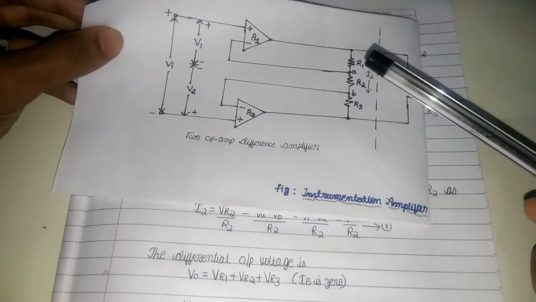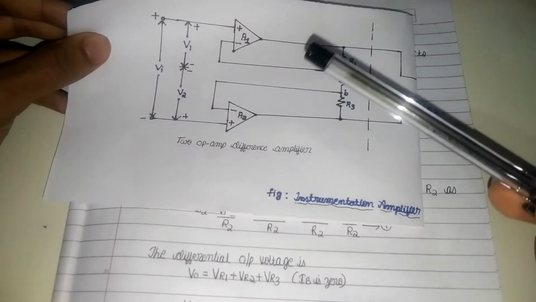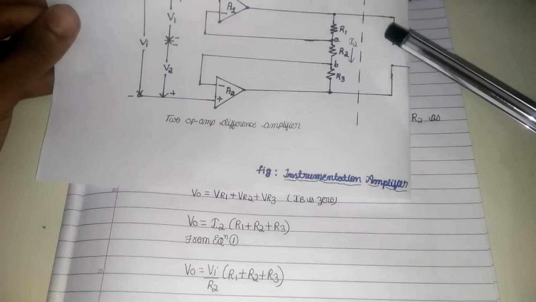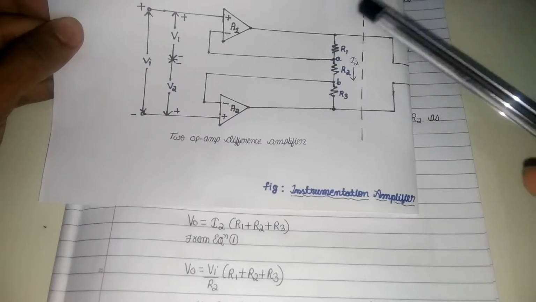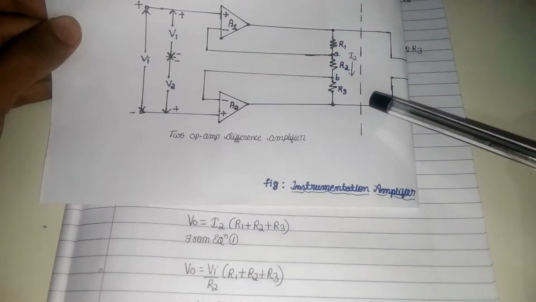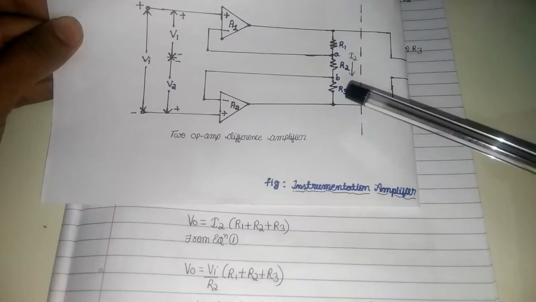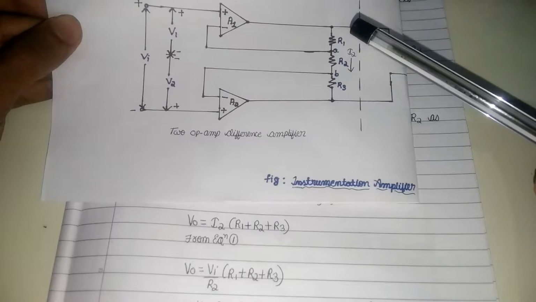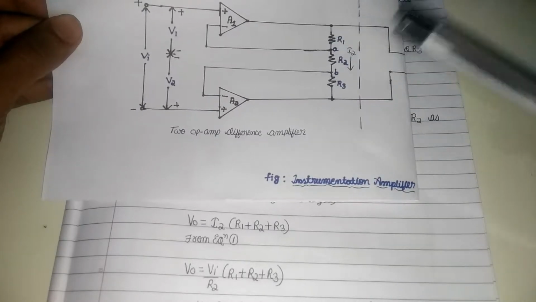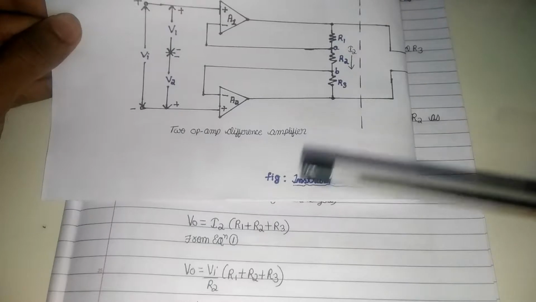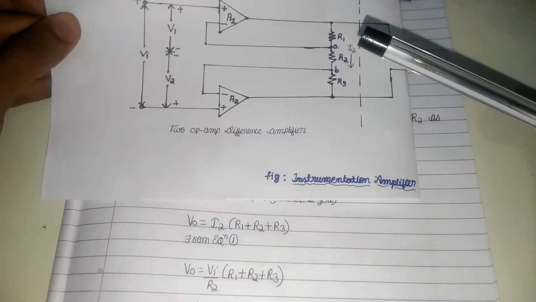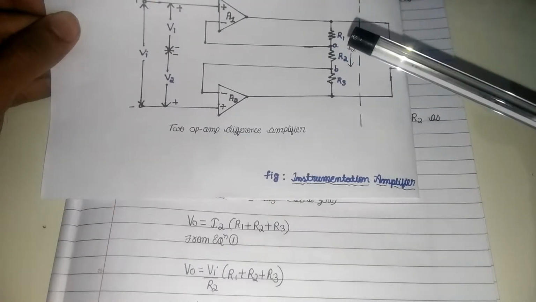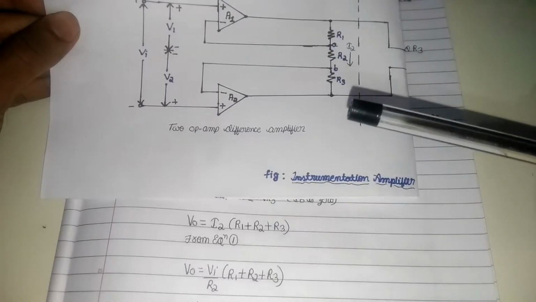Now, after seeing the working of these components, we can see what value we obtain at the output. The differential output voltage is given by V0 = I2 into (R1 + R2 + R3). Here we know that in all three resistances the same current I2 is flowing, therefore I have taken I2 as common, and the resistances present are R1 plus R2 plus R3.